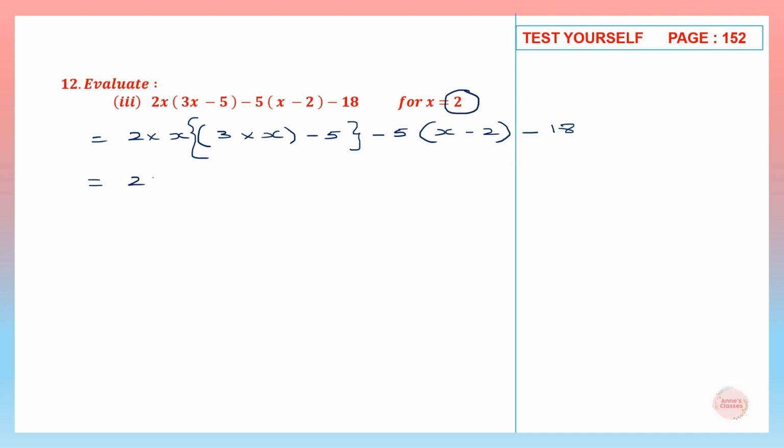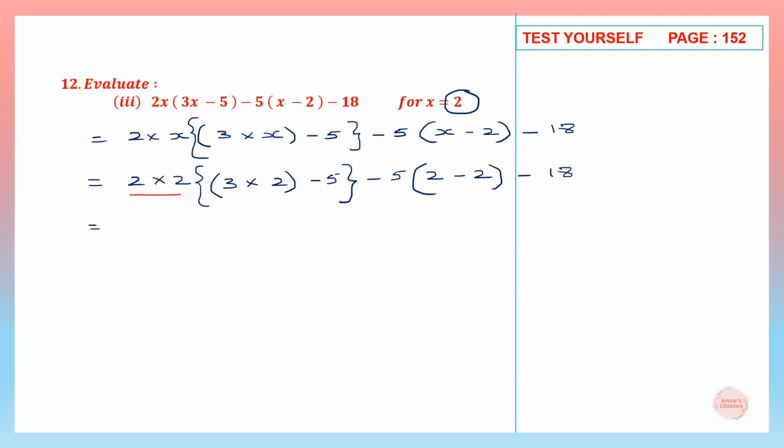So 2 into 2, and here we have the brackets. Inside that we have the smaller brackets. 3 into x is 2 minus 5, and let's close the bracket. Minus 5 into x is 2 minus 2 minus 18. So now slowly let's start working out.